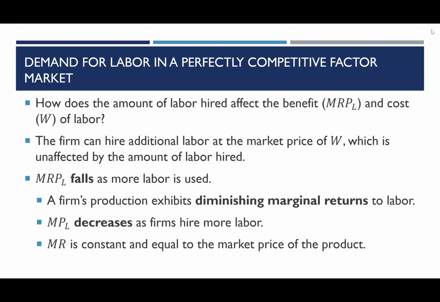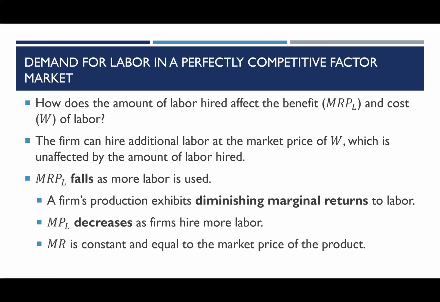Now we're looking at the demand for labor in a perfectly competitive market. We want to think about how the amount of labor hired is going to affect the benefit from another worker for the firm, that is, the marginal revenue product of labor, as well as the cost.